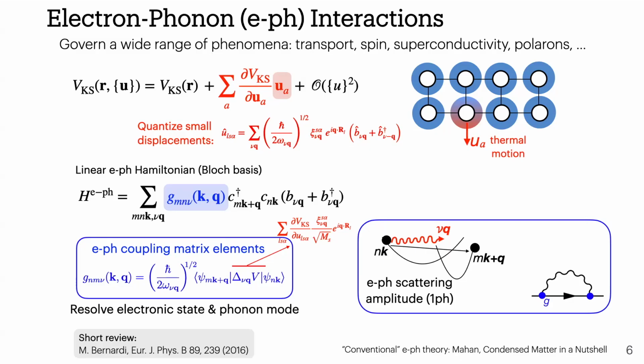So the main innovation of the first principles way of computing these quantities is that now you can resolve the electron-phonon coupling matrix elements, which are basically the probability amplitudes for the scattering processes. You can resolve them for different electronic states and phonon modes, and that's something that was not possible in analytic models. So here I provide a reference to a short review on this formalism, and you can contrast that with the conventional theory of electron-phonon, which is covered in books like Mahan's.